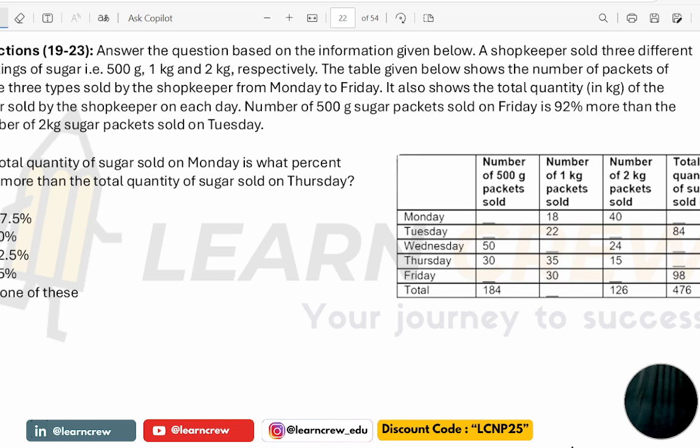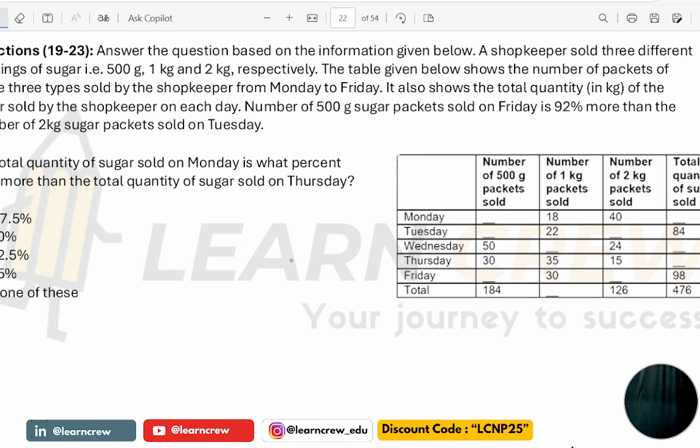Thereby the question is now, so please see here, you have to find the total quantity of sugar sold on Thursday. Here it is how much? 30 by 2 plus 35 plus 15 into 2.